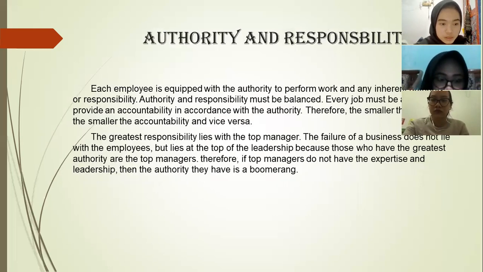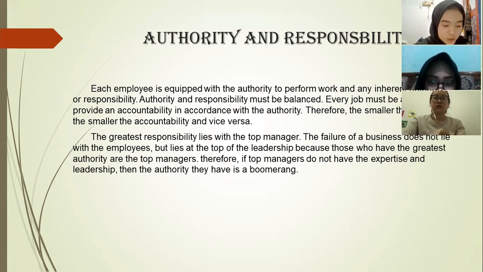Next, authority and responsibility. Each employee is equipped with the authority to perform work and any inherent responsibility. Authority and responsibility must be balanced.